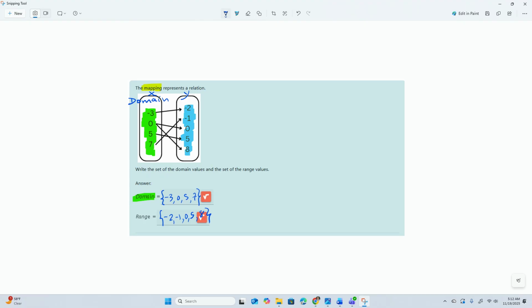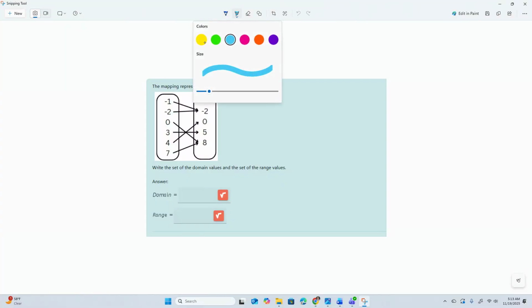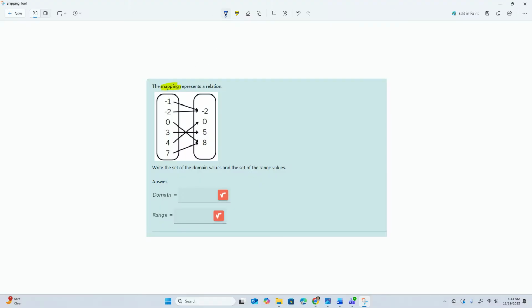Let's go problem 3. Here's problem number 3. Same idea as the previous one. Okay, this is a map, a mapping. Here we go with the word again, mapping. Okay, and all the numbers in the first oval are the X's. All the numbers in the second oval are the Y. But another name for the X's is domain.